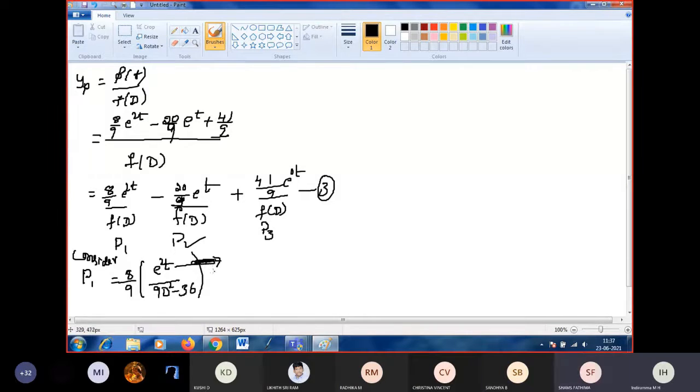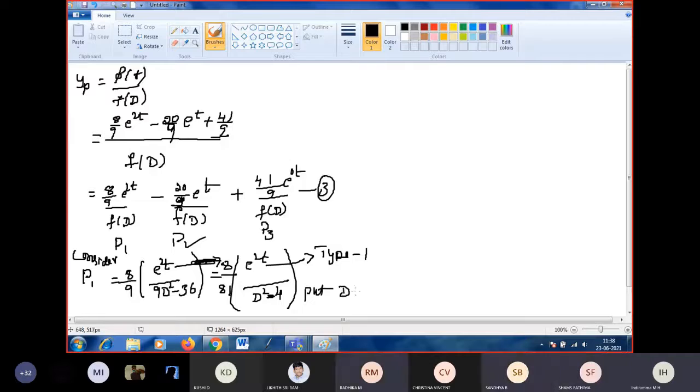So 8 e power 2t by 9 into 9, that is 81, by D square minus 4. Which type is the numerator? Type 1. If it is type 1, what do we put? D equals a. Here we have e power 2t, so a is equal to 2.